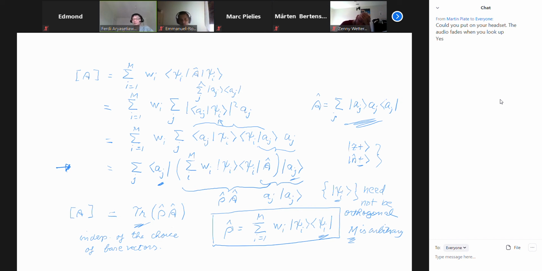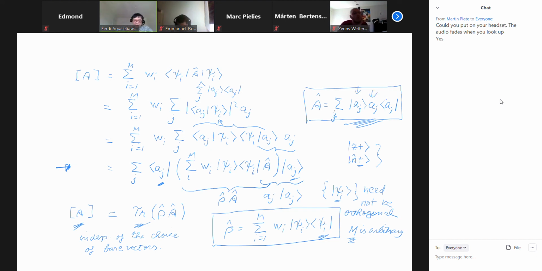It can be any base vectors. It doesn't mean that the value of this ensemble average is independent of the eigenvectors of A, because the operator A can be written in this way, so that of course depends on the eigenvectors and eigenvalues.